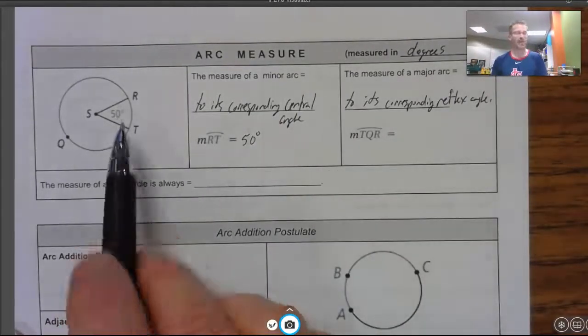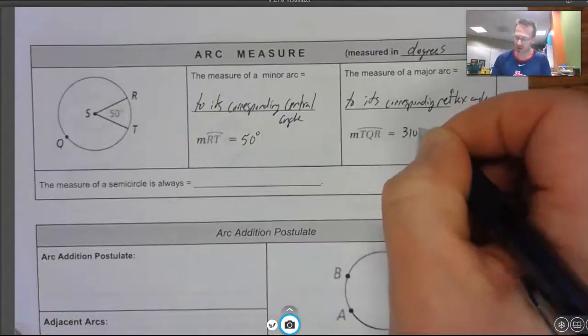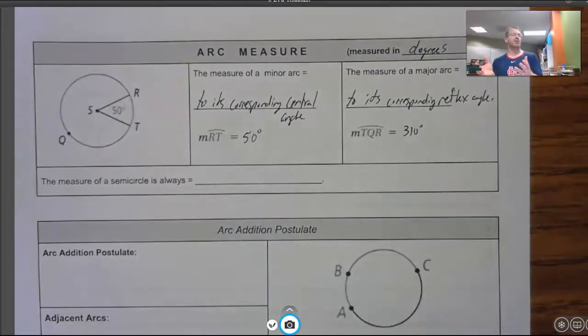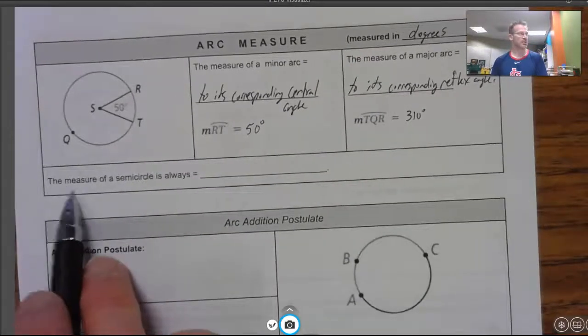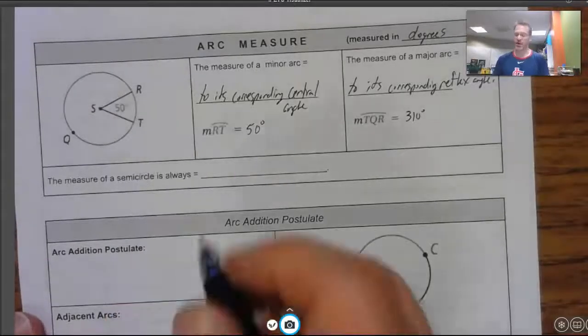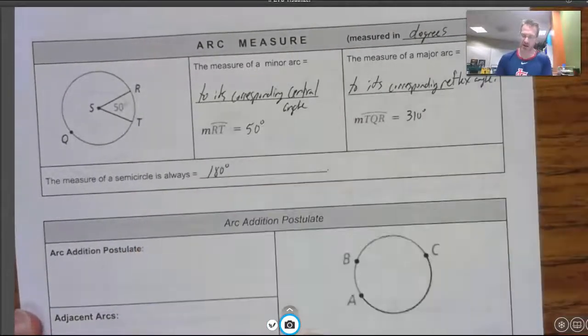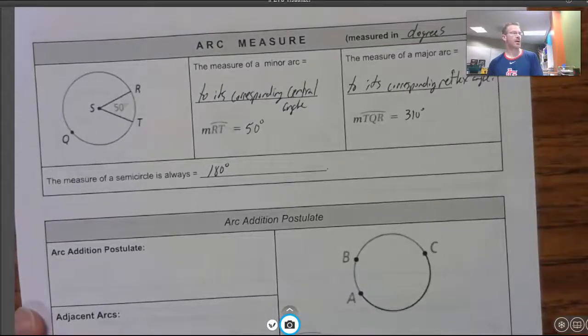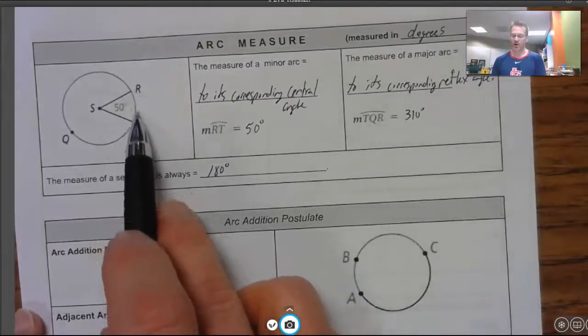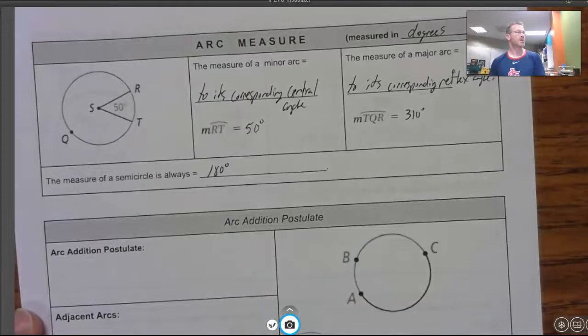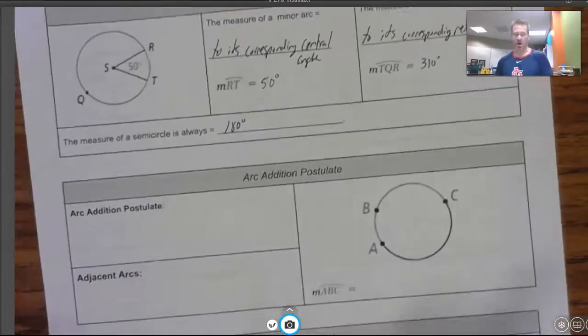So if I take 50 away, we know that's 310 degrees. So the reflex angle is really the angle formed, or what's left, once we take away the measure of that central angle. And we talked about this just a second ago: the measure of a central angle is always 180 degrees. So if we want to know the measure of an arc, we have to find its corresponding central angle.